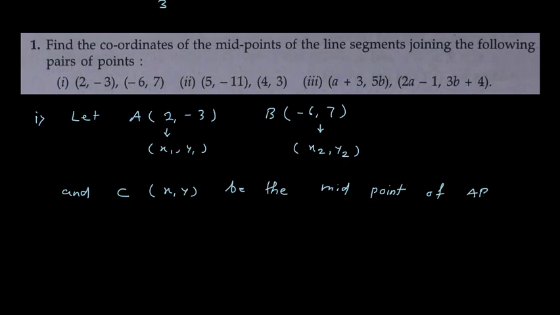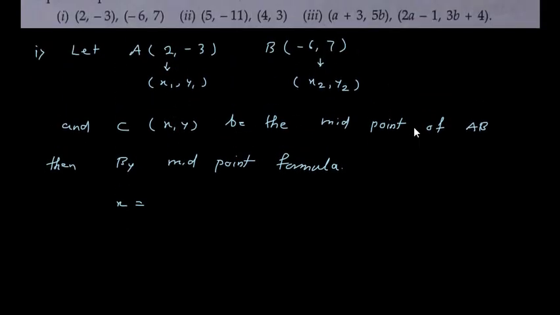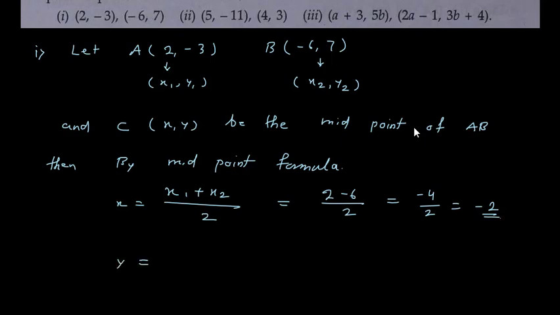Then by midpoint formula we will get x equals x1 plus x2 divided by 2, which is 2 minus 6 divided by 2, that is minus 4 divided by 2 is minus 2, and similarly y is equals to minus 3 plus 7 divided by 2 is equals to 4 divided by 2, that is equals to 2.